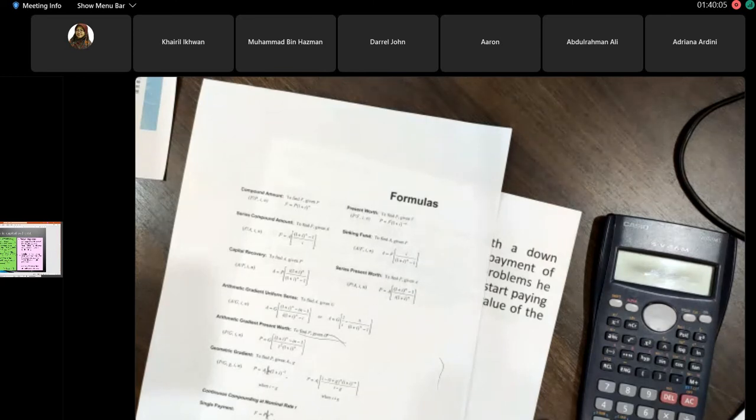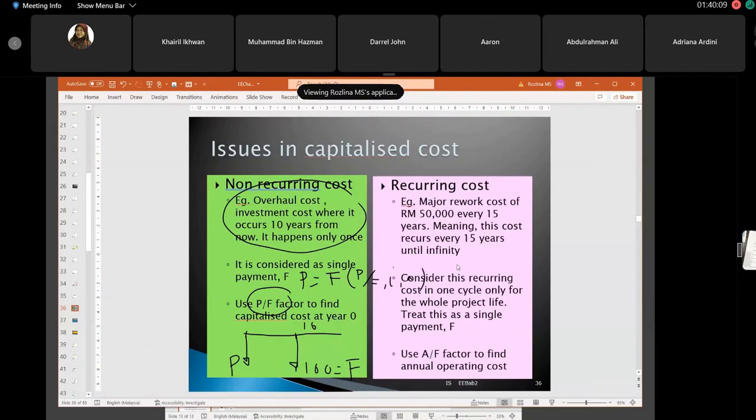So this cost recurs every 15 years until infinity. So you have the material cost of 50,000, at year 15.